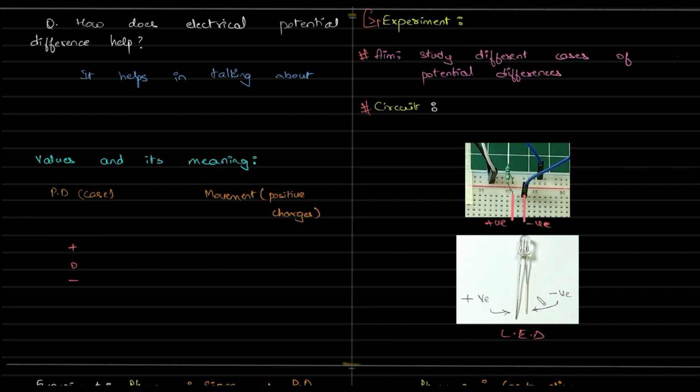So an LED has two ends. One end is a positive end and another end is a negative end. This longer one is your positive end and this shorter one is your negative end.